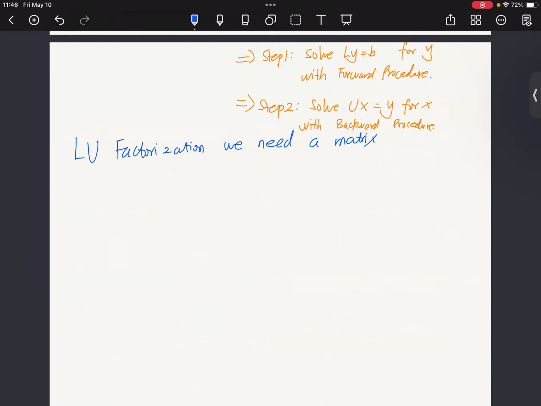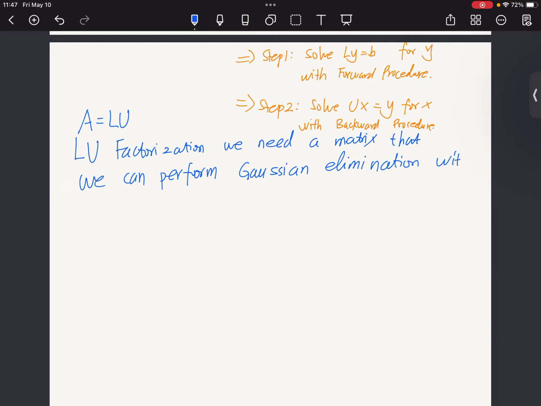Of course, you have some advanced versions of the LU factorization, but here, for this basic factorization, A equals L times U, we need a matrix that we can perform the Gaussian elimination on without row exchange.